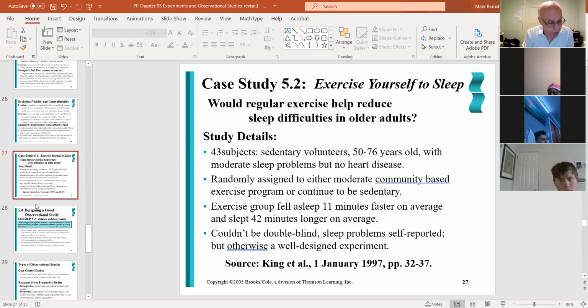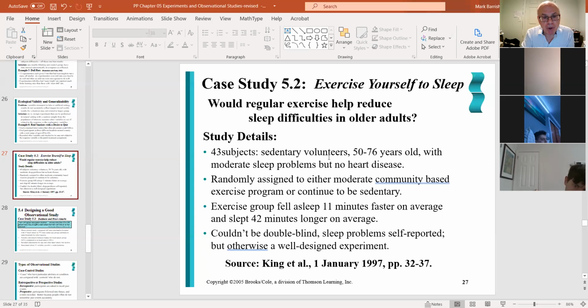And these are just additional examples here. Let me just go over this one here. It says exercise yourself to sleep. Would regular exercise help reduce sleep difficulties in older adults? So let's look at the study here. 43 subjects. This word here, sedentary, means people who don't really walk very much or do very much. They're couch potatoes.